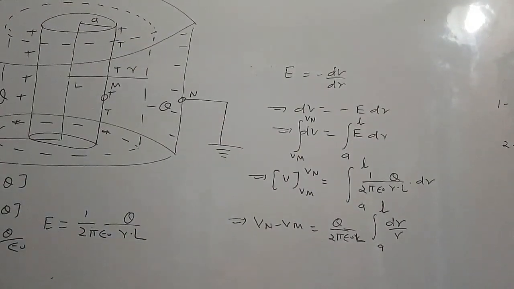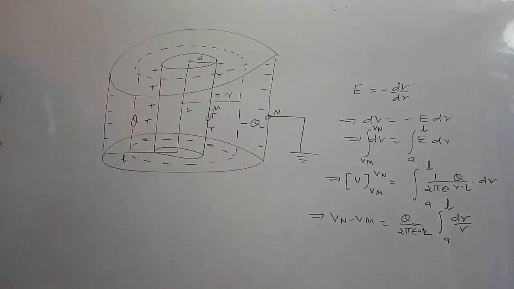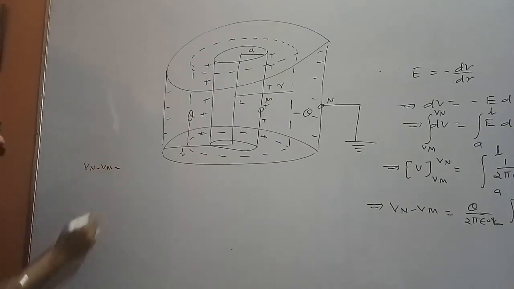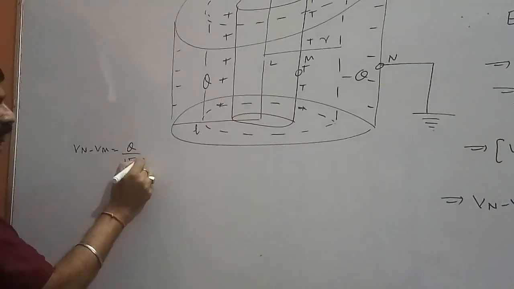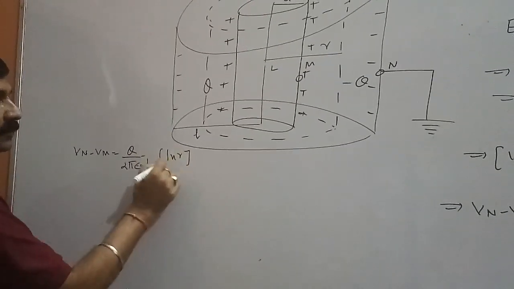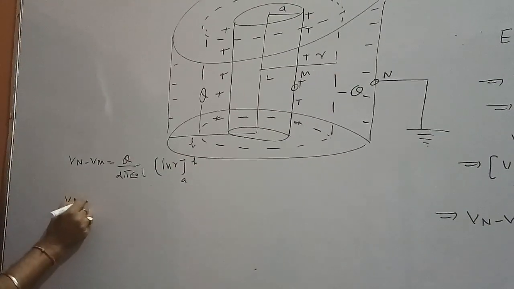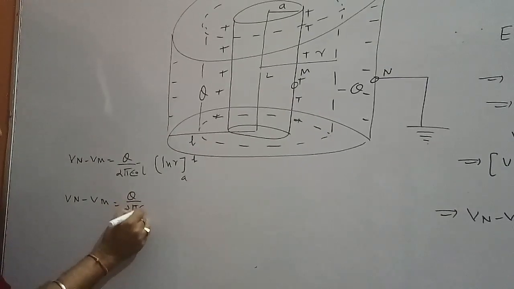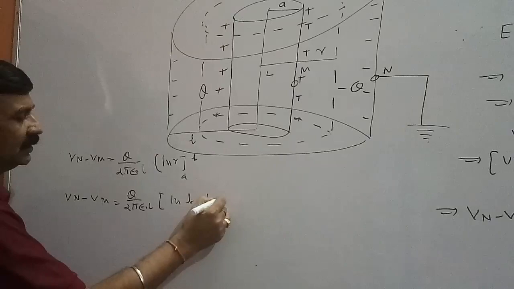So Vn minus Vm will be equal to Q upon 2 pi epsilon naught into L natural log r between limits a to b. So Vn minus Vm is equal to Q upon 2 pi epsilon naught into L, natural log b minus natural log a.